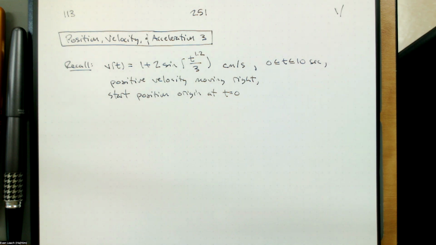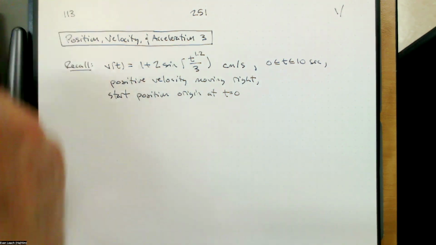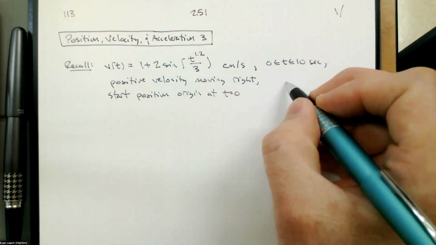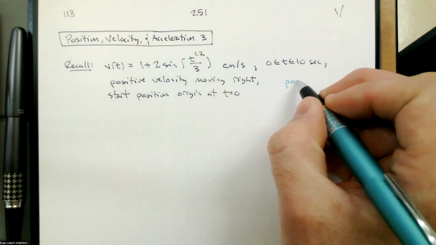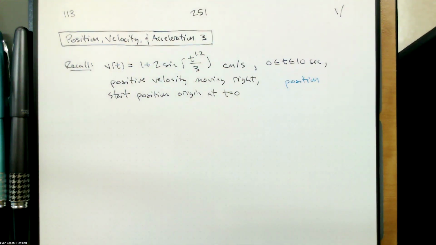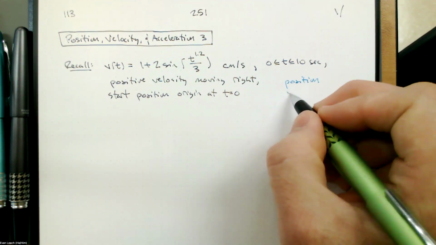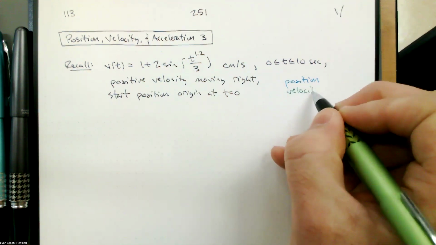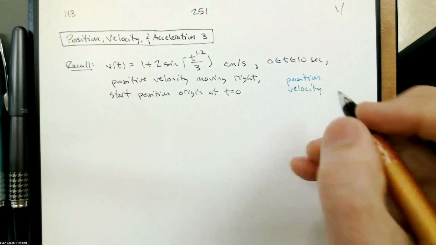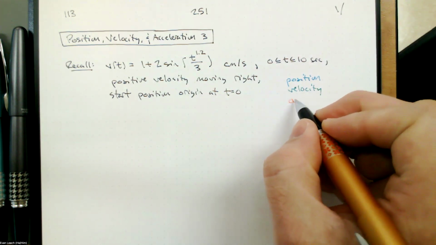All right, so let's talk about this. I actually want to start in the middle. So that's the structure that we're looking at. On top, we've got position. We had velocity in the middle as our first derivative, and we've got acceleration as our second derivative.